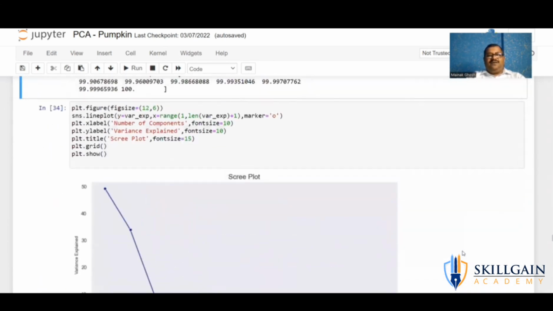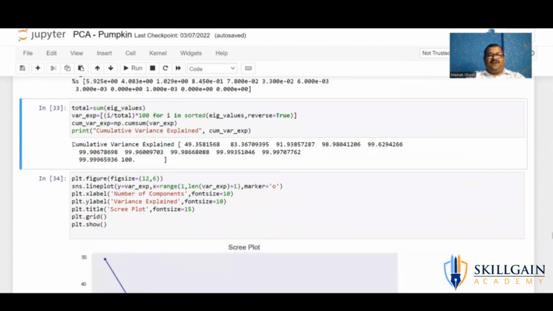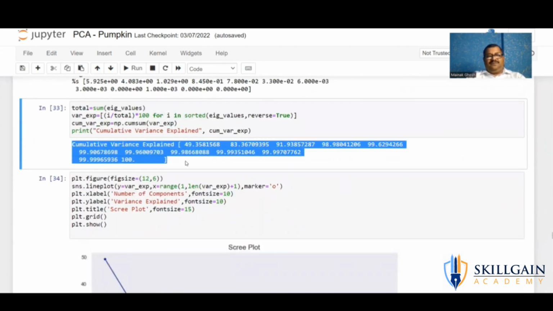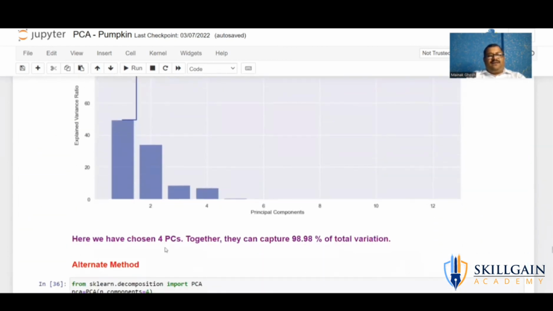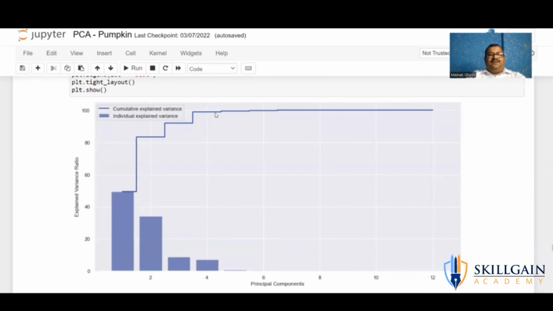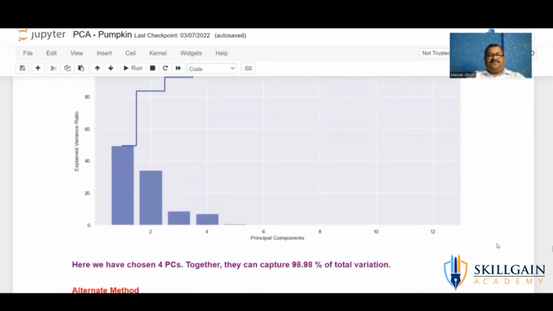That is nothing but these values. Okay. So now we see that if we choose these four components, then this much variability is already explained with the help of these four components.